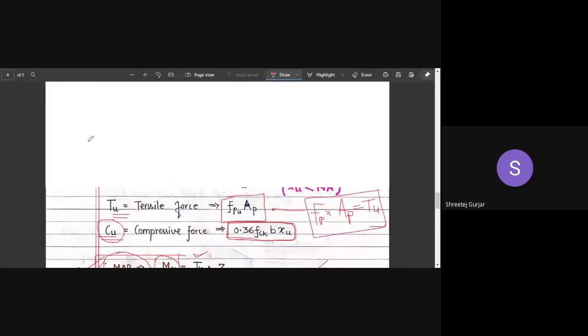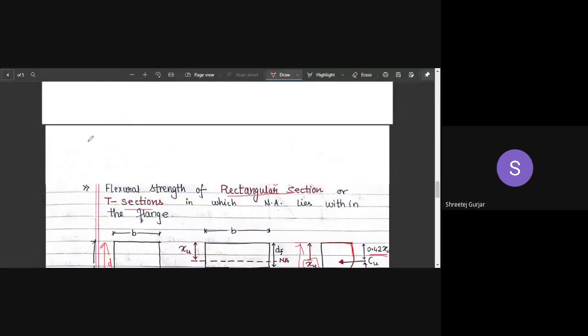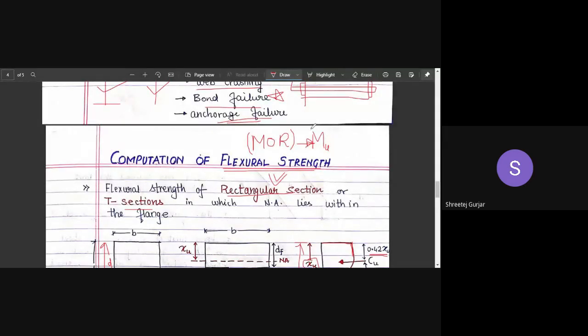Okay, so this is regarding computation of flexural strength, or what we call MOR, moment of resistance, or MU. Okay, so in the next class, we will solve a few numericals regarding moment of resistance.